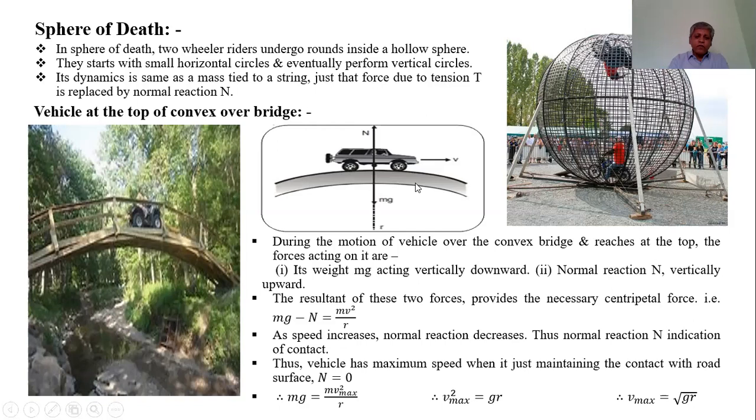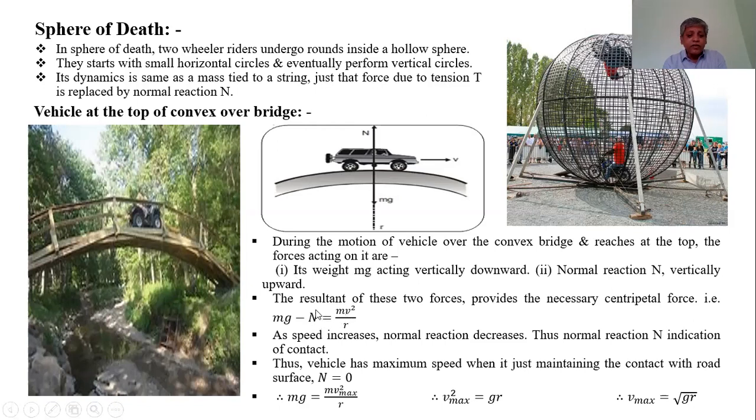From this expression, it is clear that m is the mass of the vehicle, a constant for the given car. g is the acceleration due to gravity, which remains the same since the top point cannot change. The radius for the given road surface is the same. So the speed depends upon the normal reaction.